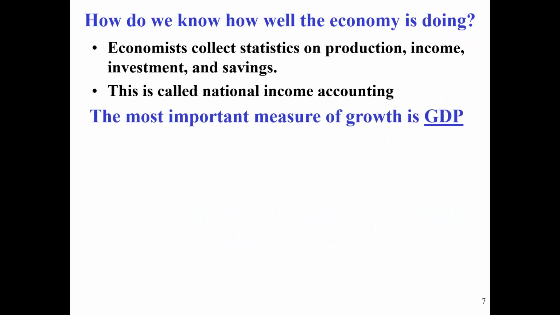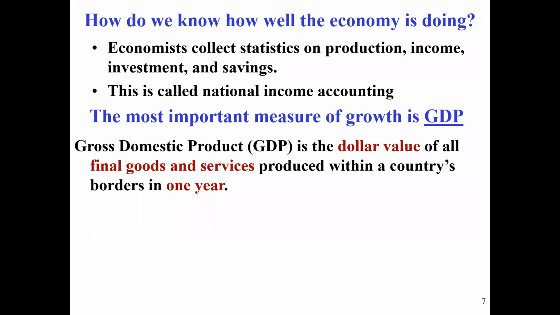Okay, the most important measure of growth is GDP. GDP is the dollar value of all final goods and services produced within a country's border in one year. The big thing is final goods and services, no intermediate goods, and produced within a country's border.